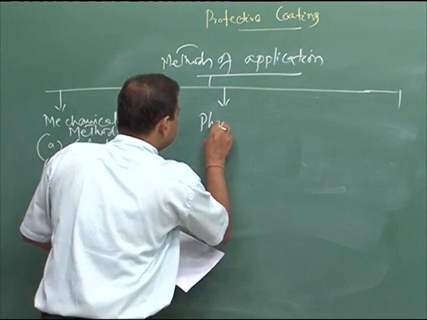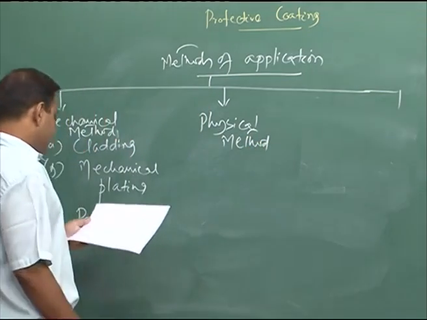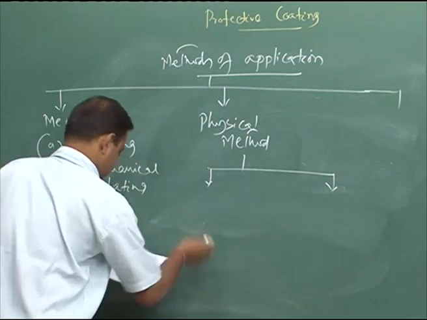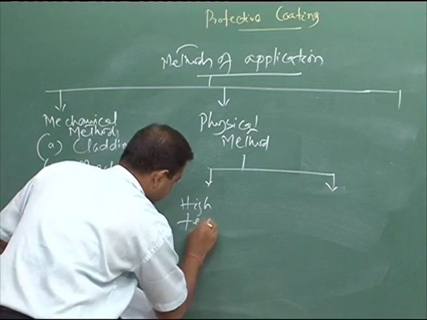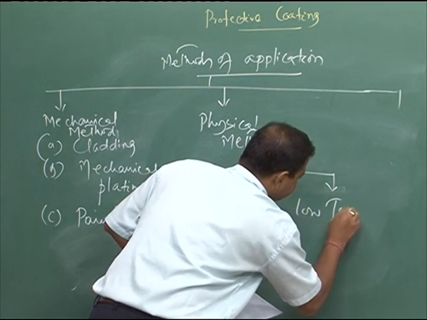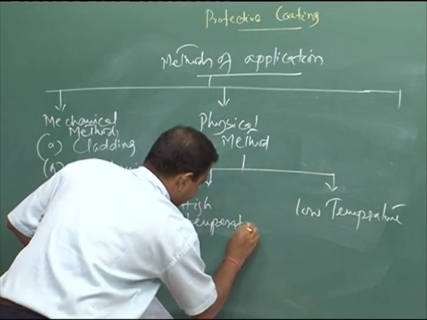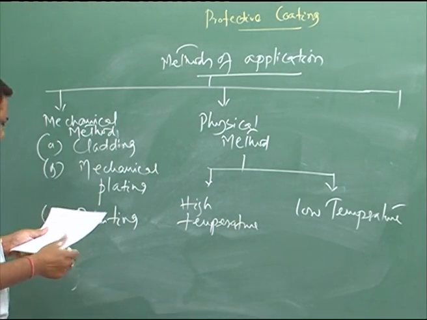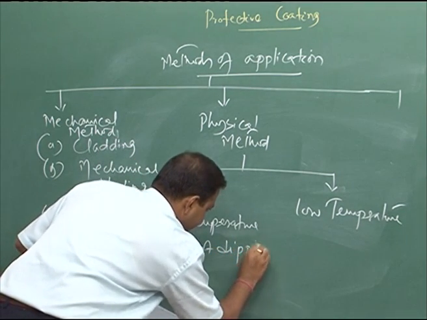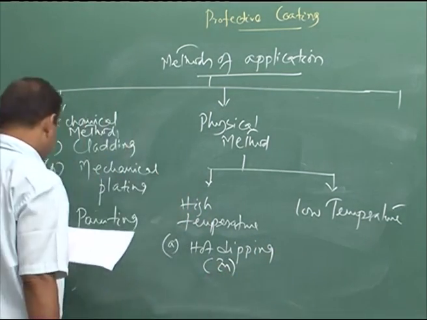Then we have the physical method. In this case it could be a high temperature method, or it could be a low temperature method. In the high temperature method, it could be hot dipping; for example, zinc coating is done by hot dipping.